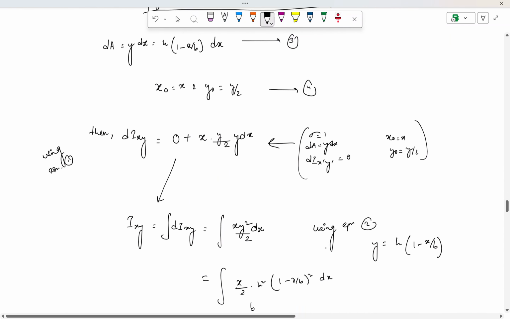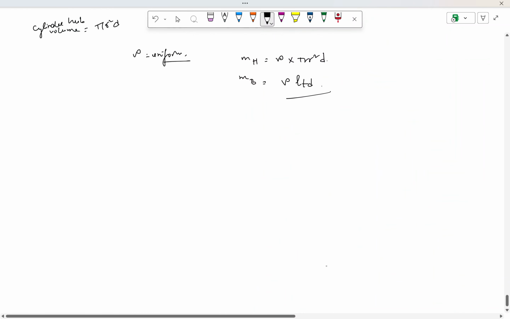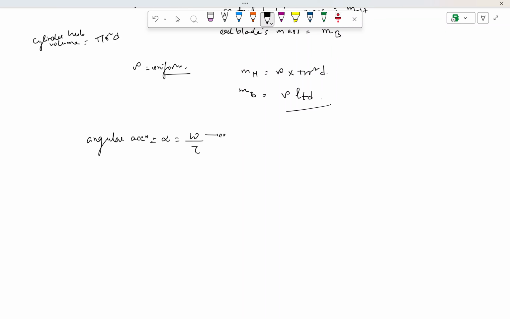First of all, what is the formula for angular acceleration? Angular acceleration is represented by alpha. Alpha is equal to omega by tau, because omega is the angular velocity and tau is the time in this case.